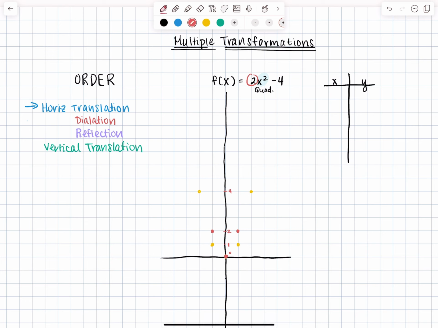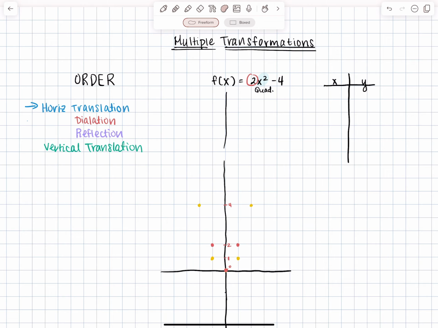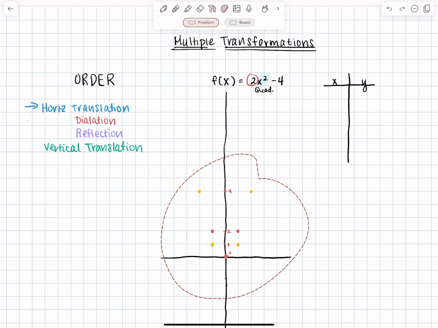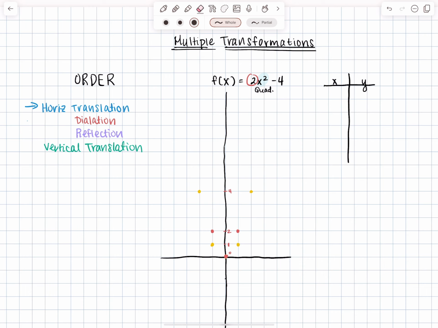So 1, 2, 3, 4, 5, 6, 7, 8. Right here, and over here as well.